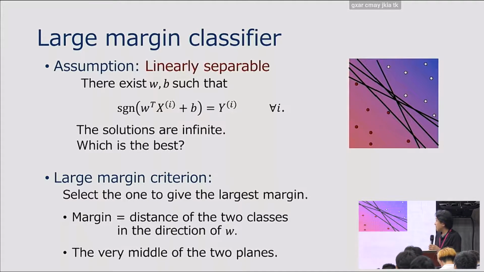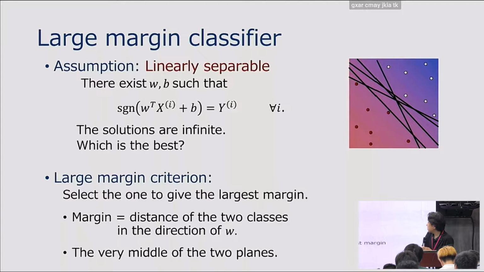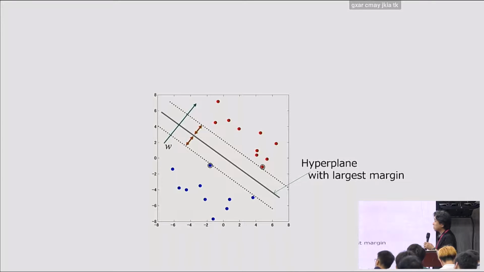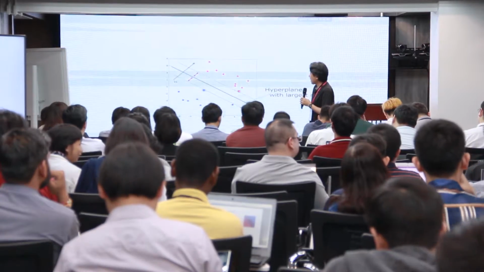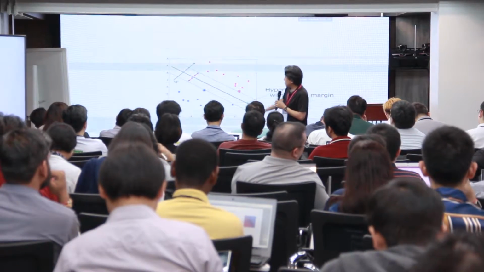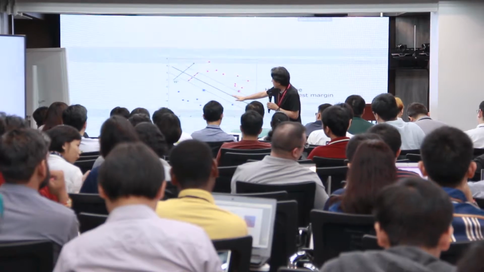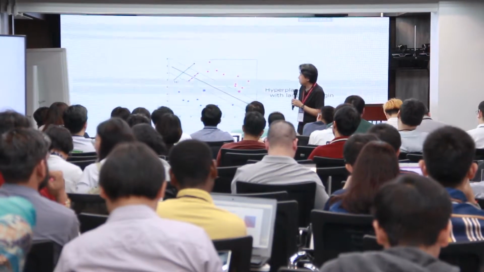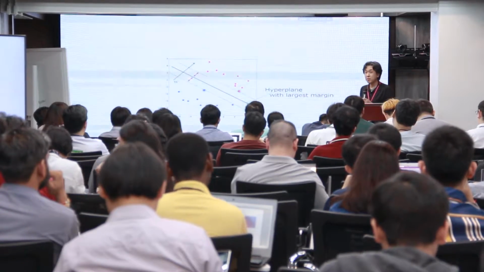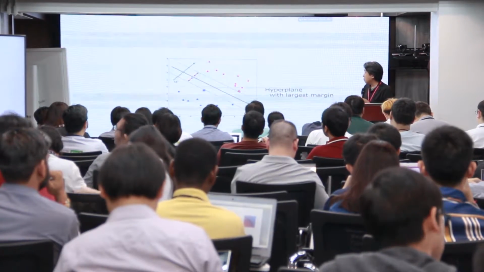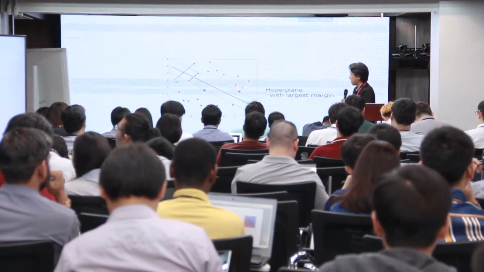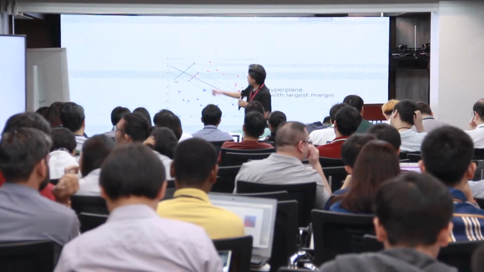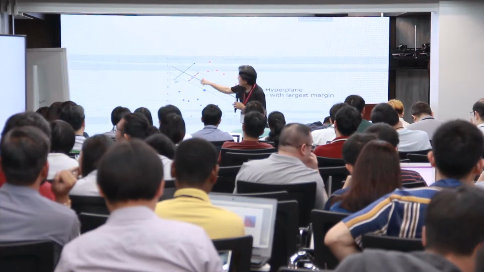Large margin says that, maybe I should explain it in the next slide. Large margin classifier requires that the distance between this separating hyperplane and the nearest points should be maximized. That's the meaning of large margin criterion. And the margin refers to this distance.